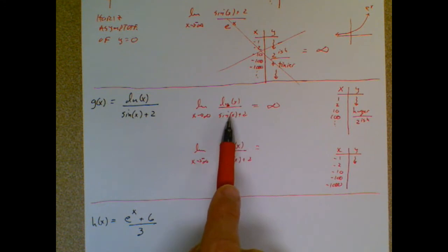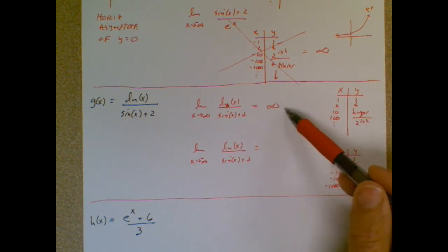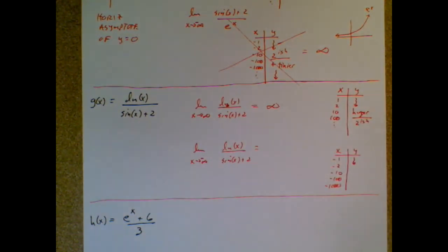My denominator, as I approach infinity, sine never gets really large or small, so my denominator hovers around 2. So the trend is a huger numerator divided by 2-ish in the denominator. That's trending towards infinity. That's not an asymptote.